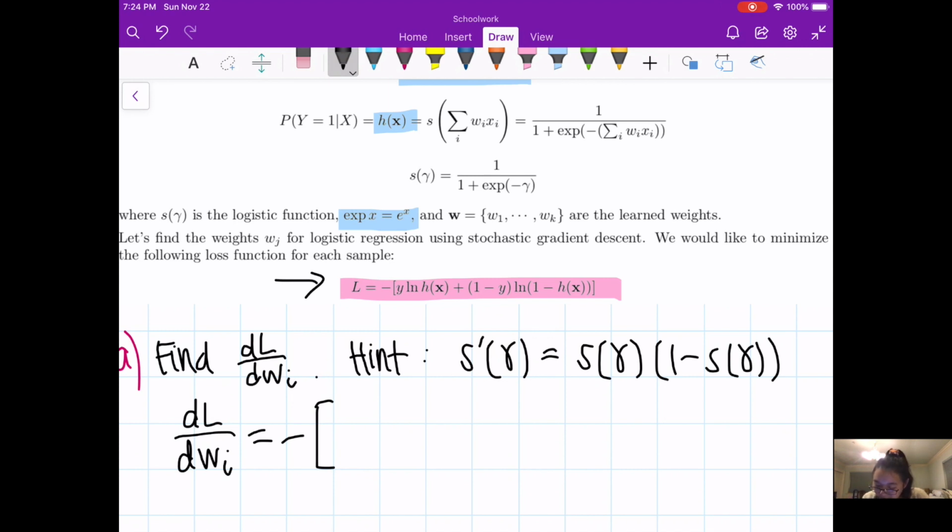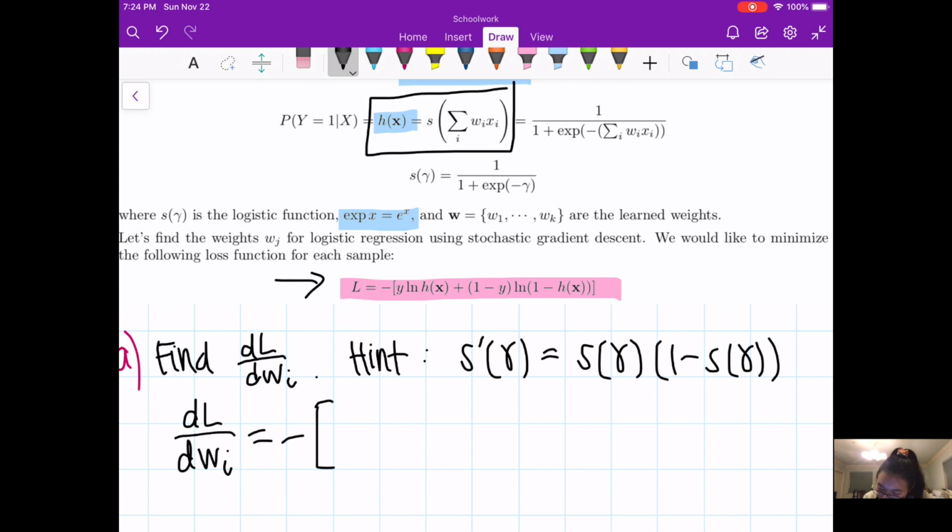Notice that we don't need the product rule for this, because we are taking the derivative with respect to wi, and y does not include wi. Only h of x does, because we can see that with the formula up here. It takes in the sum of the weights times each x parameter.